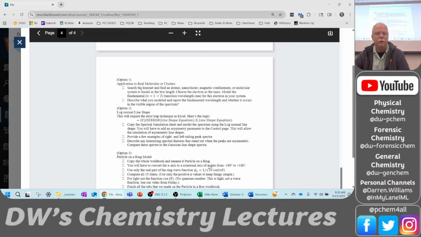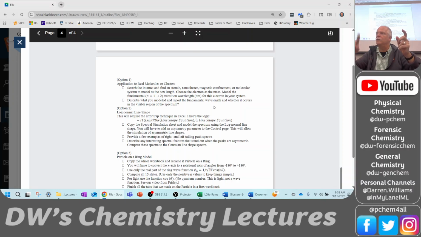The application to real molecules or clusters. People have talked about the carotene molecules, like beta carotene with this really long conjugated chain, as being a particle in a box model. And so you could take the various leucine and carotene molecules and sort of estimate how long that conjugated chain is, and use that as your box length.